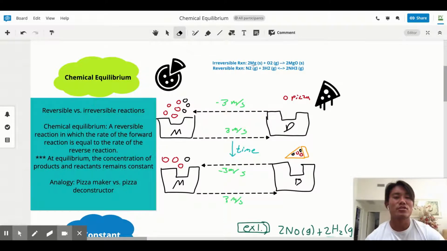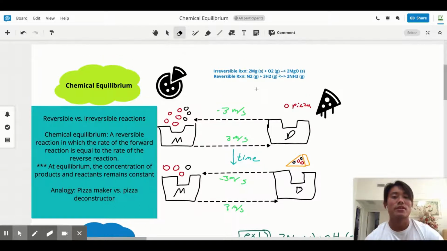This is a reaction that goes only one way, and usually you'll see it denoted with this arrow pointing to the right. Because remember, in general, in a chemical reaction, the left-hand side is going to be your reactants, while the right-hand side is going to be your products, right? So in this example, I have magnesium reacting with oxygen gas to form magnesium oxide.